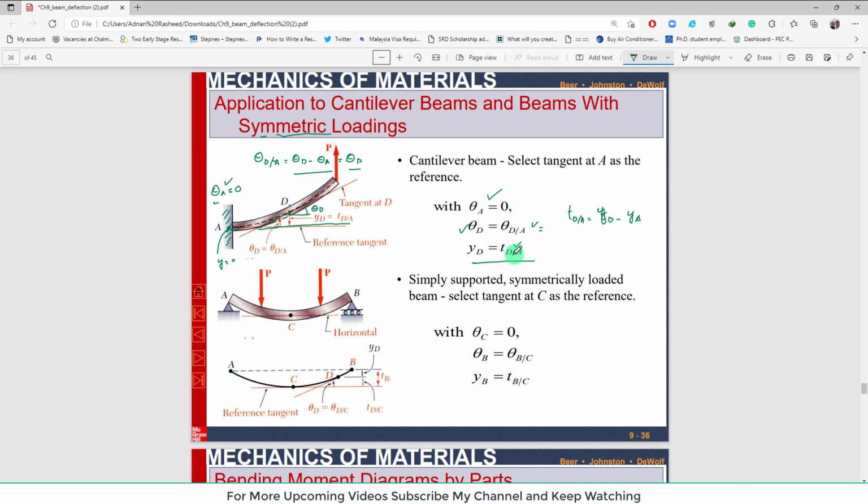That is written over here. Now if you look at the other diagram, that is symmetric loading, you can see there is a beam with a symmetrical loading.